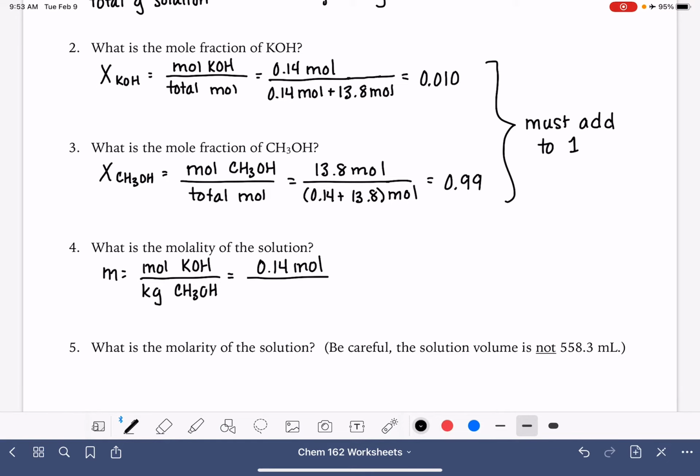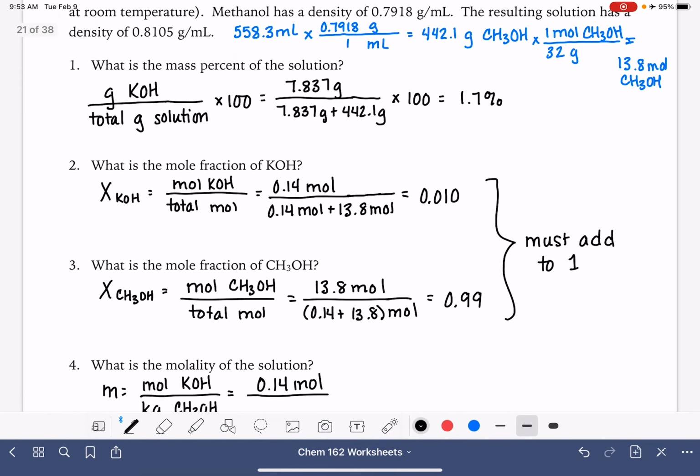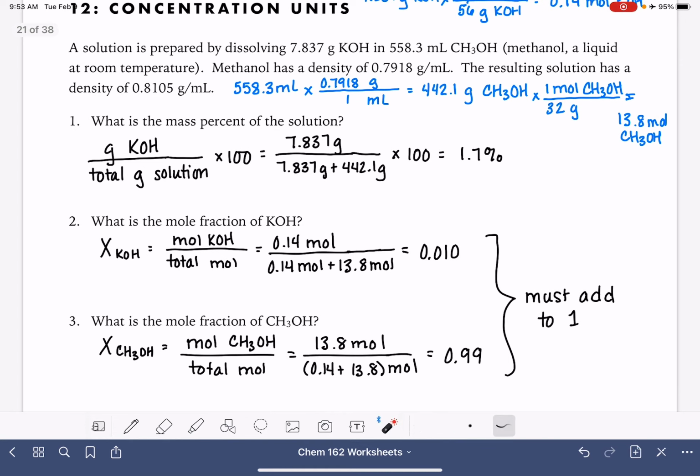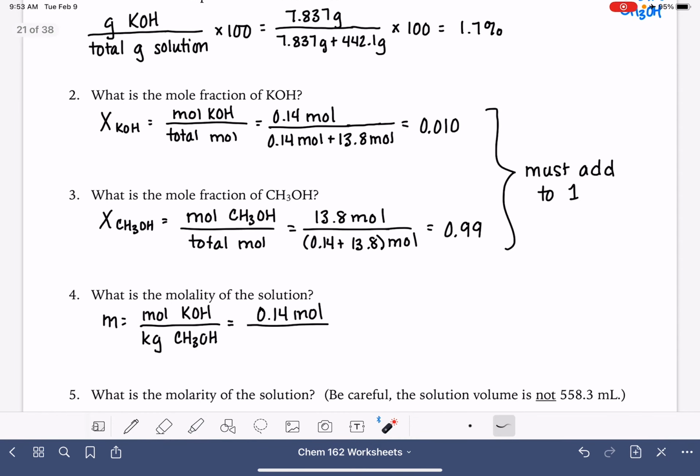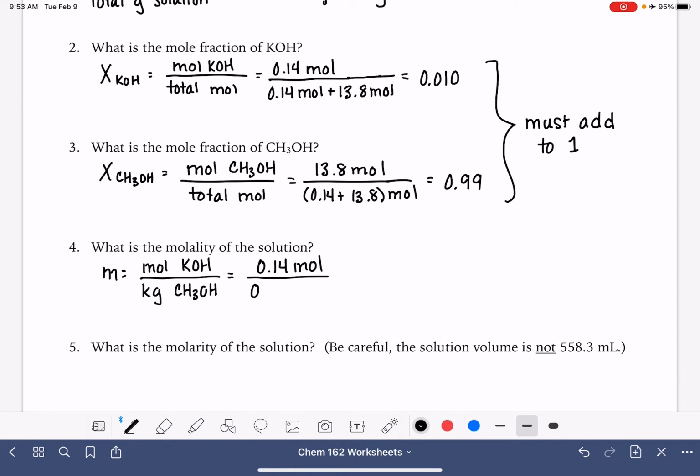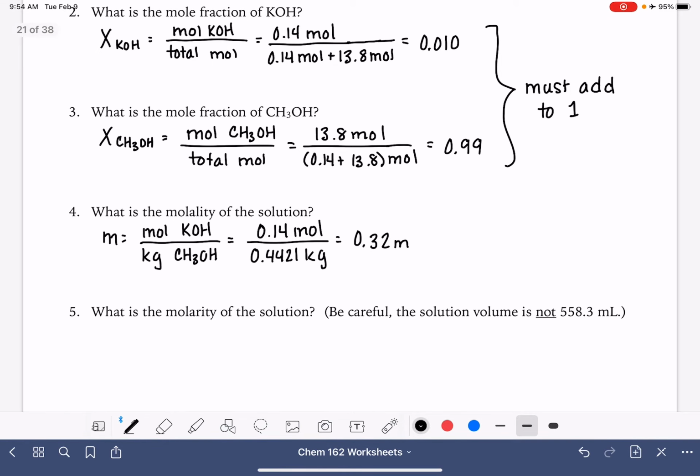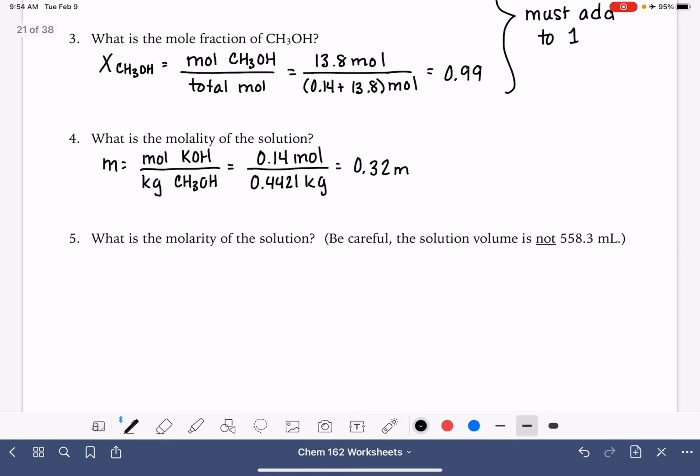The mass of the CH3OH, we've calculated that already right here, in units of grams. We can convert it into kilograms, 0.4421 kilograms. 0.14 divided by 0.4421 is 0.32 little m.